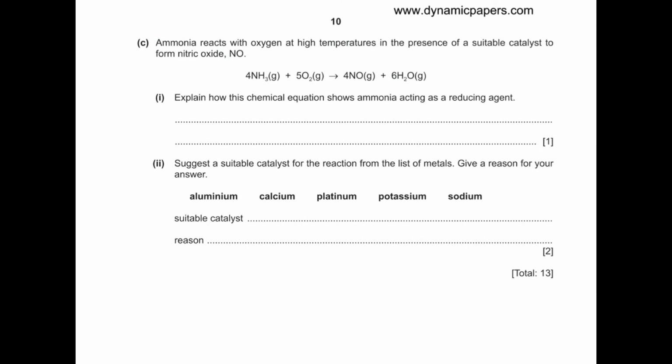Question C, ammonia reacts with oxygen at high temperatures in presence of a suitable catalyst to form nitric oxide. Explain how this chemical equation shows ammonia acting as a reducing agent. So we can see here that ammonia was just NH3, and then in the product side it gained oxygen.